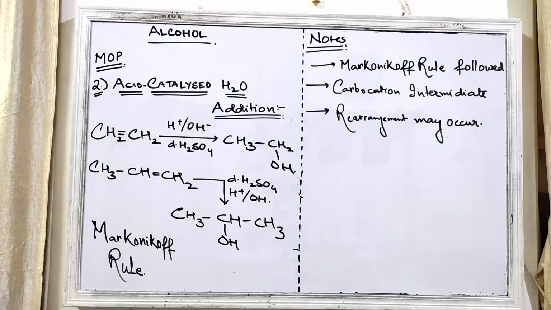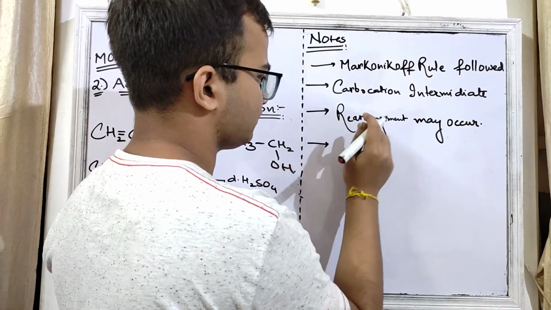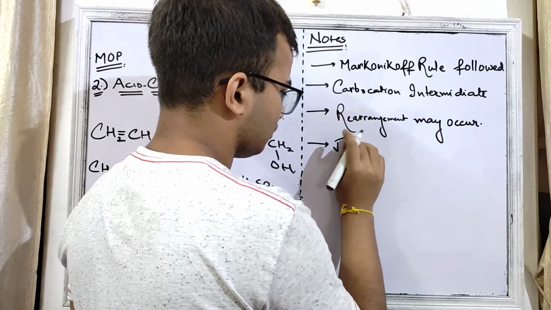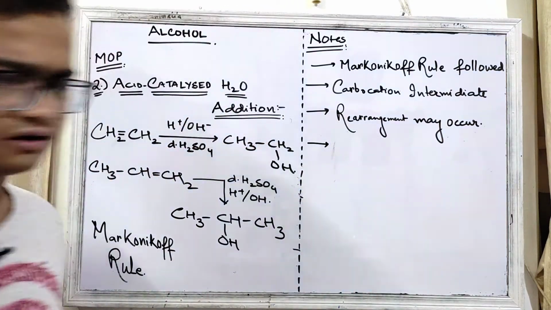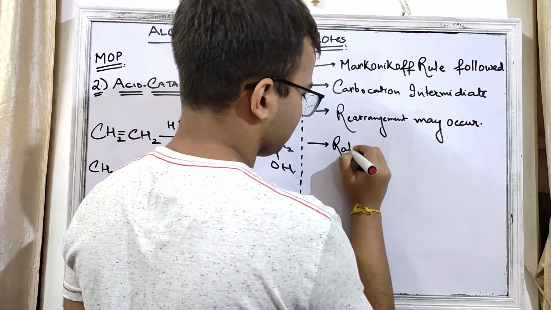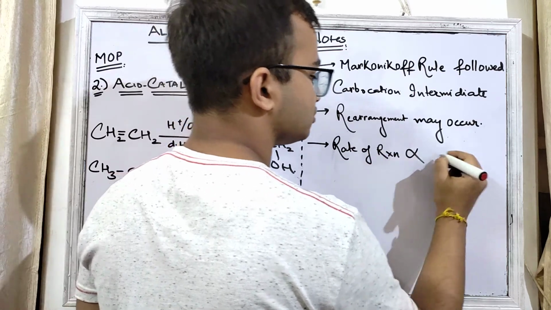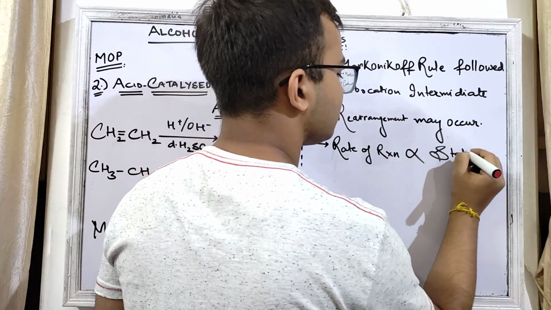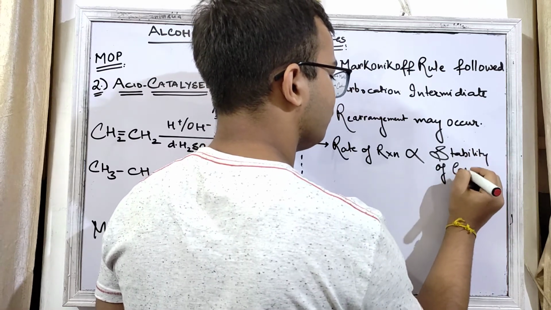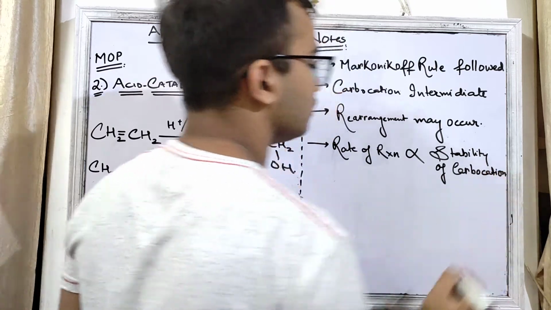And you can also write a point which is quite evident from this statement, that the stability or the feasibility, or the rate of reaction, is directly proportional to stability of carbocation, right?